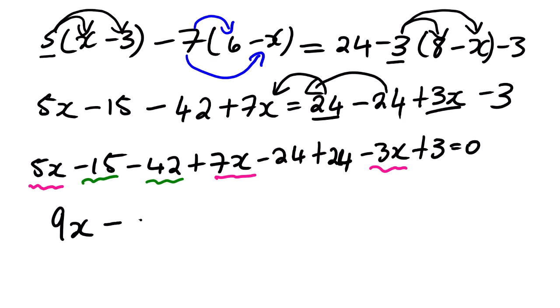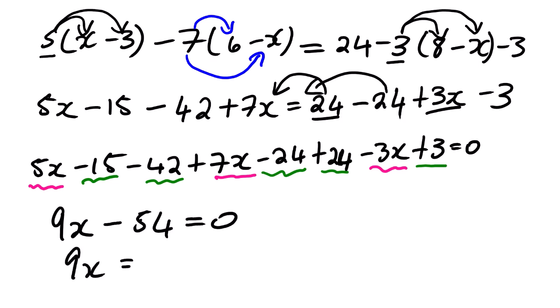Negative 57 minus this 24 is negative 81. Negative 81 plus 24 is negative 57. Negative 57 plus 3 is negative 54. So we have negative 54 here. It equals 0. And then we have 9x equals 54.